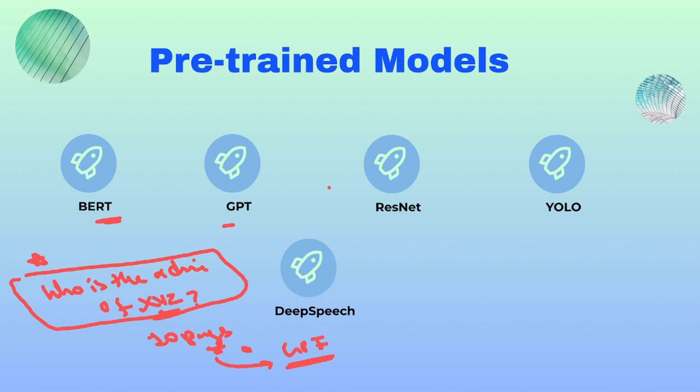Then there is ResNet. It is also a pre-trained model. ResNet is basically residual networks, that is the full form. It is a pre-trained model for image recognition. You can use it as a starting point for tasks like object detection, image classification, facial recognition. This is very famous, like age recognition.